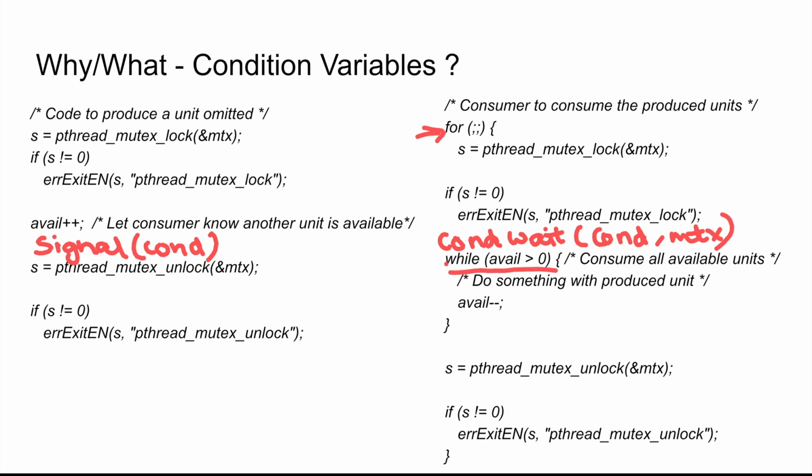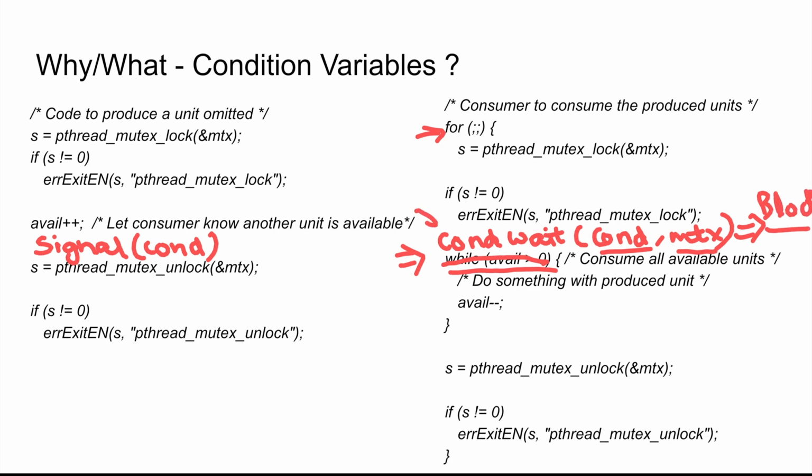To prevent the CPU from unnecessarily spinning inside this for loop and checking for the avail integer variable to be greater than 0, we can have a condition wait where we pass the condition variable and the mutex. I'll explain in the next slide why we need the mutex here. As soon as I do a condition wait call, if the condition variable has not been signaled, this call will block.